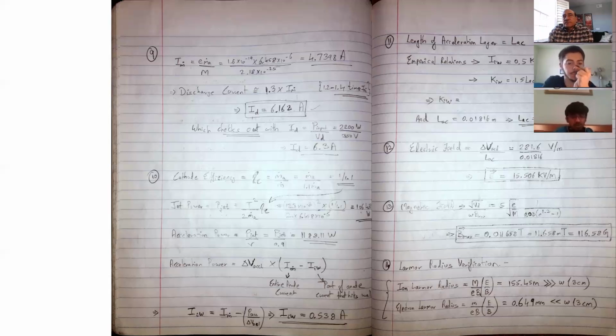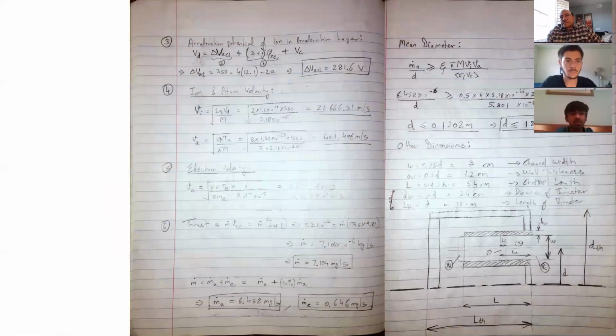Now it all comes down to this next crux equation that's pretty easy to understand. The net acceleration power, like power, is again equal to VI. So net acceleration power would be the delta V accel. Now we come to the delta V accel, the variable that we obtained in point number 3. We said that the voltage to which the ions accelerate, the acceleration layer voltage, is about 281.6 volts.